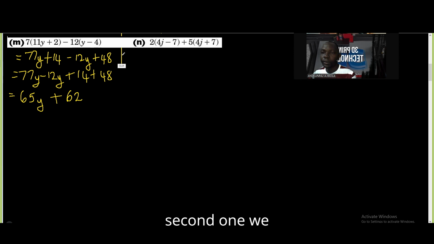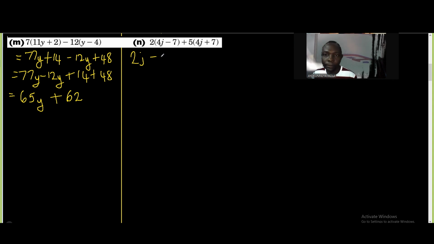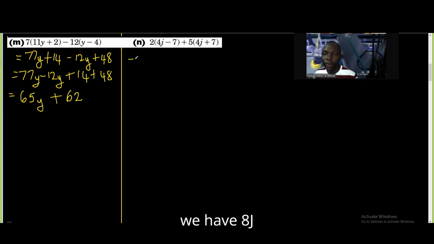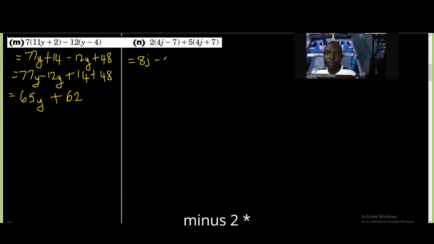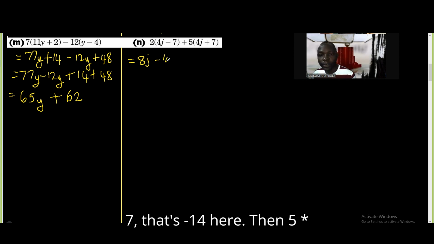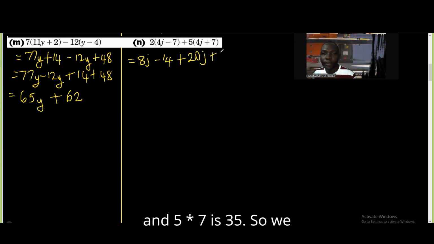And the second one, we have 2j, no, 2 times 4, that's 8j. Then minus 2 times 7, that's minus 14 here. Then 5 times 4 is 20j, and 5 times 7 is 35.